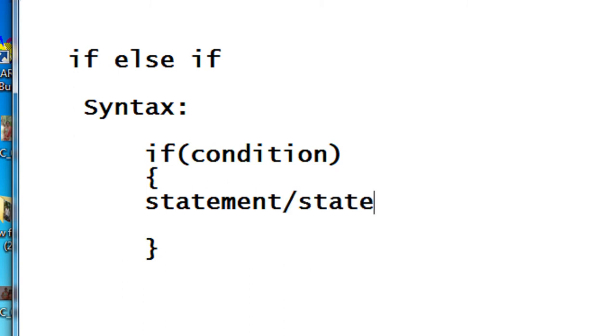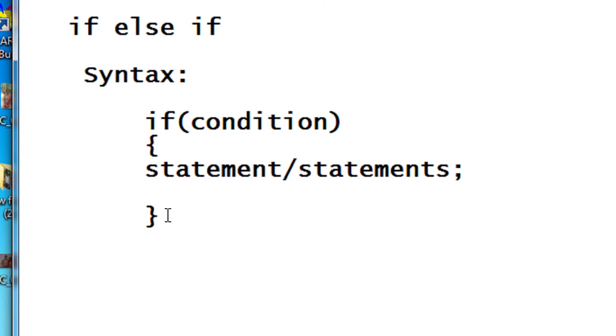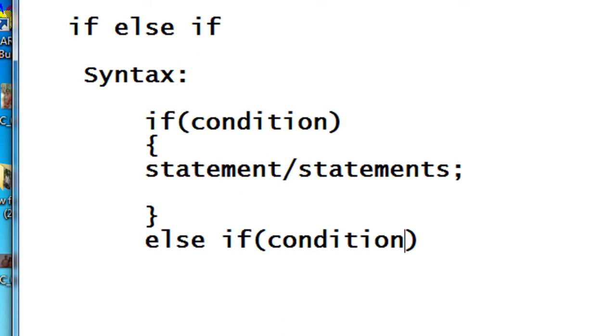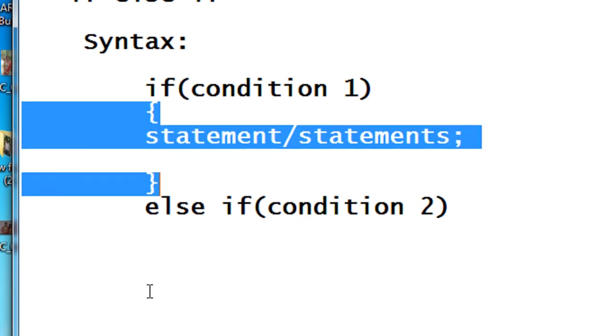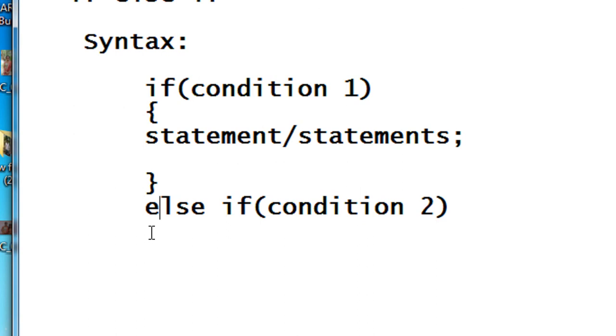Now I have to check one more condition here. It is a simple else if, condition 1, condition 2. So the same loop body is also here, this also has a loop body.